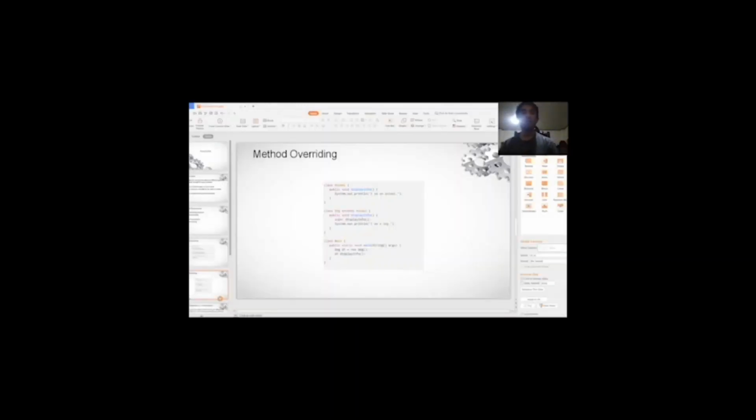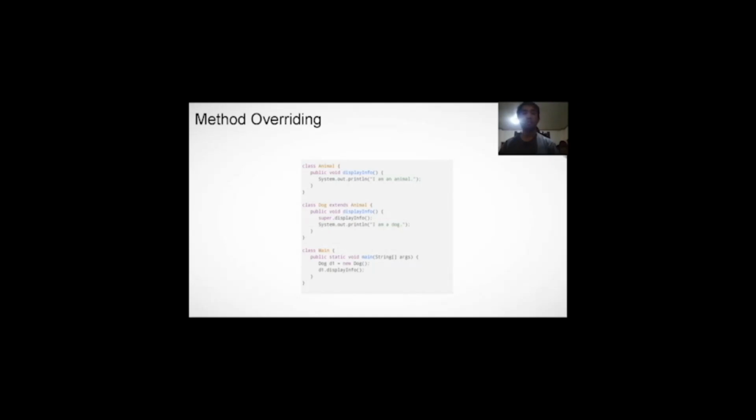In overriding, we have something called inheritance. Inheritance is a property that allows us to derive a new class or a subclass from an existing class called a superclass. That subclass then takes on the methods and attributes of the superclass.